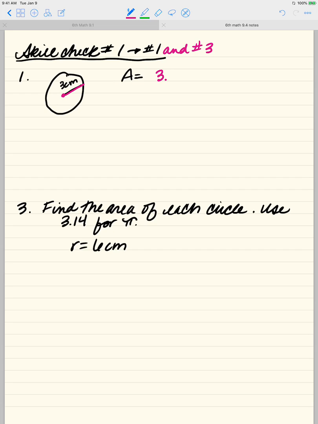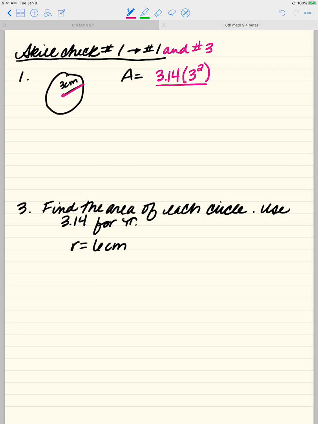We're going to use 3.14 in place of pi. So 3.14 times 3 squared. Number 1 here was just to fill in the blanks, just to make sure you knew what you were doing.